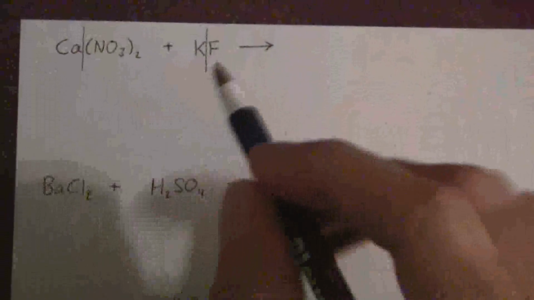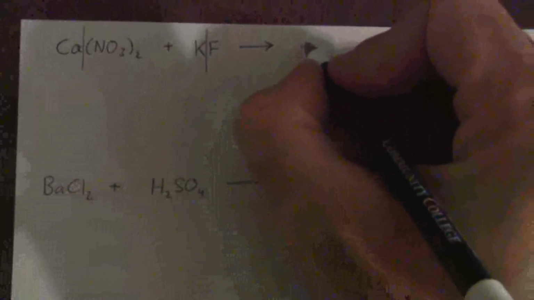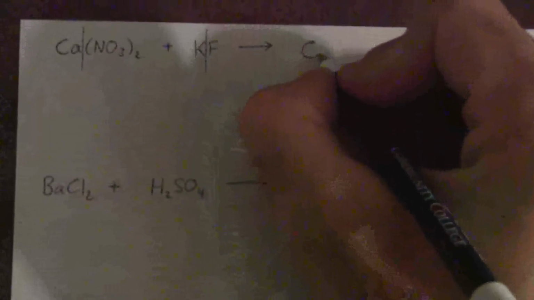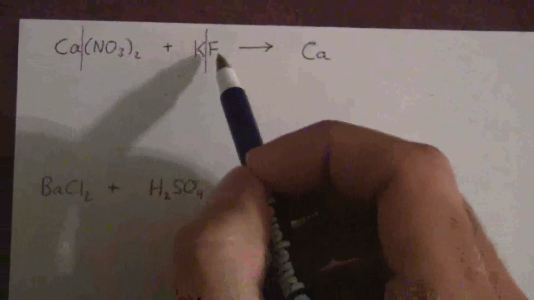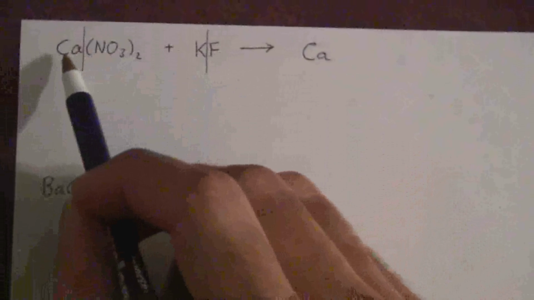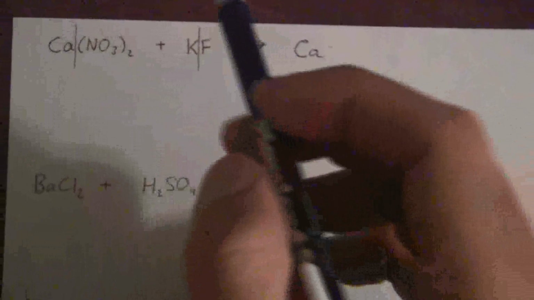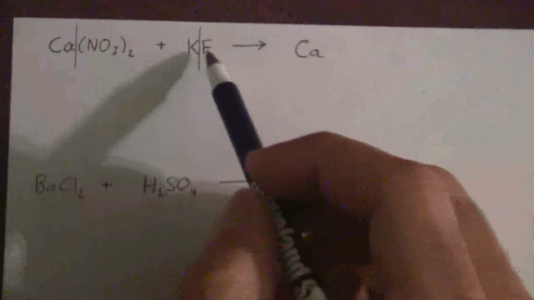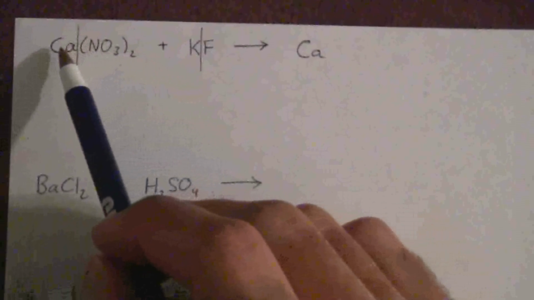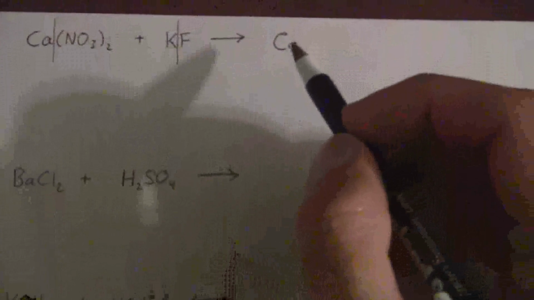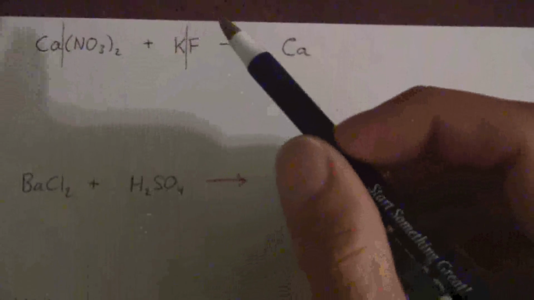The calcium, but remember, the calcium has a +2 charge. So we're not necessarily looking at these subscripts, so we can't just put CaF because it's KF. That's when it's with potassium. There's one fluoride, but when it's with calcium, calcium has a +2 charge.